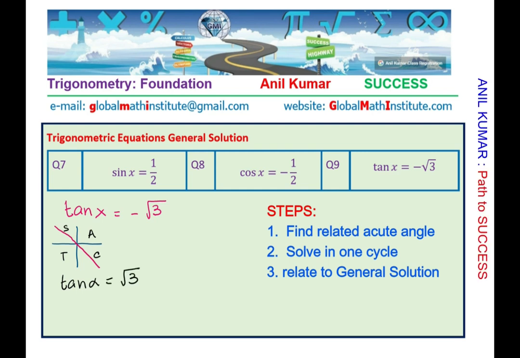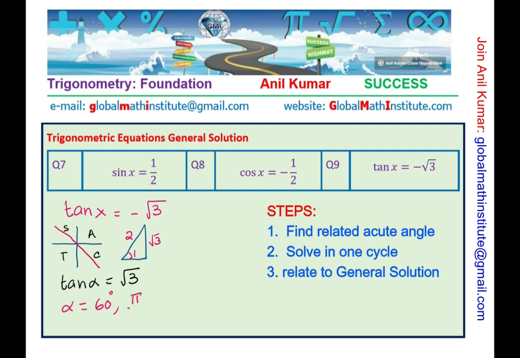The special triangle, as you know, we had been sketching for all these examples, will again be sketched. So 1, square root 3, and 2. So tan is that angle, right? So alpha will give you 60 degrees or pi by 3, correct? So you know how to find this solution.